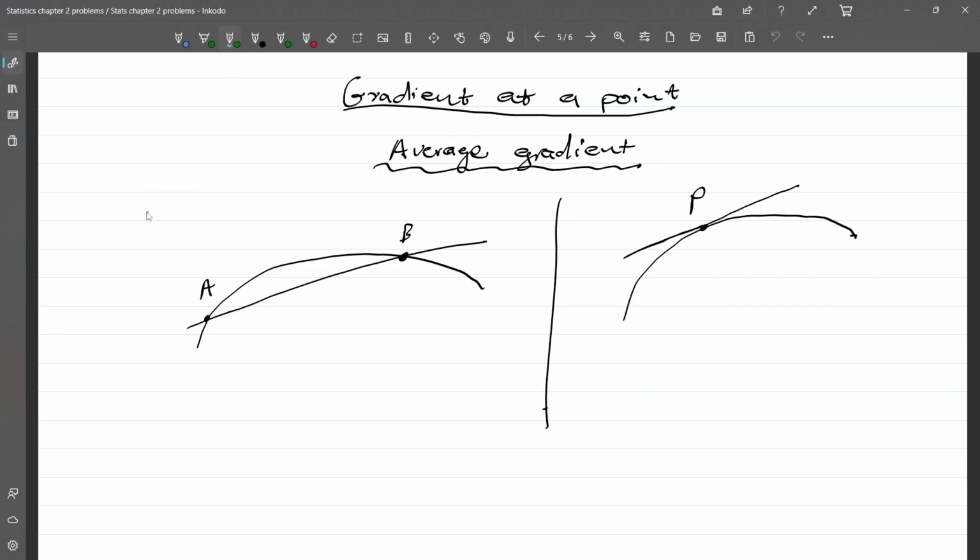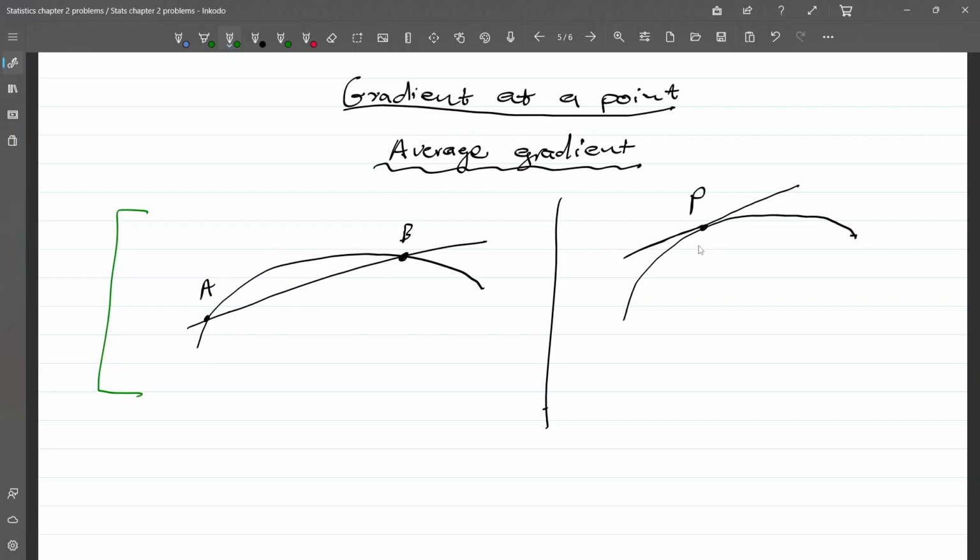Example, if you can check this curve, the average gradient between these 2 points is given by the gradient of this line that passes through point A and point B. So we know that in grade 11, in order to get the gradient of a line, you needed 2 points. So now we have 2 points, point A and point B, so I don't think that will be an issue.